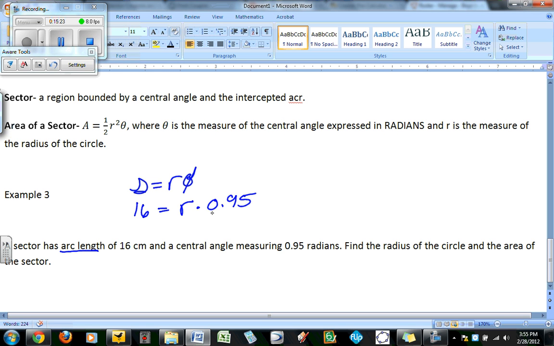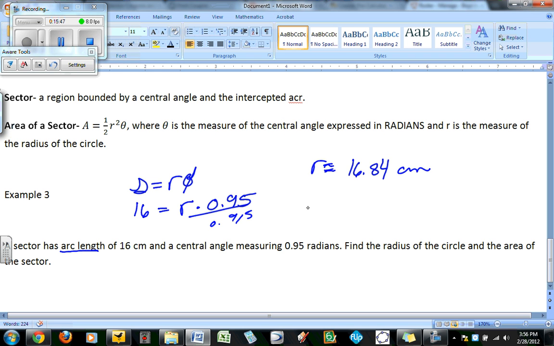So in order to solve for our radius, we're going to divide by 0.95. Okay, so 16 divided by 0.95, and I get our radius is roughly 16.84 centimeters.